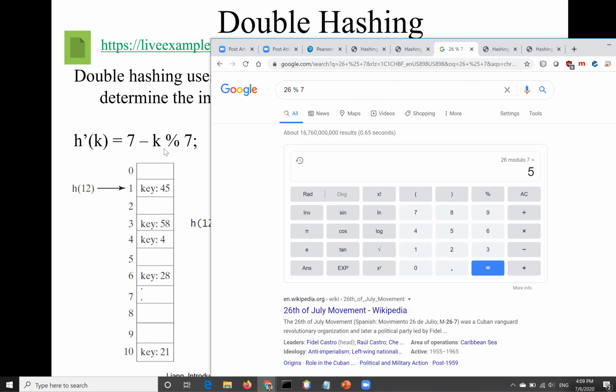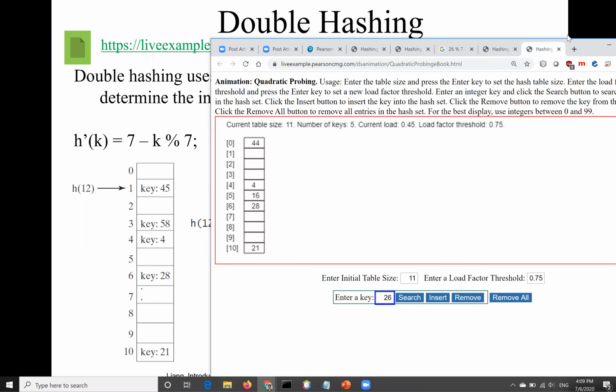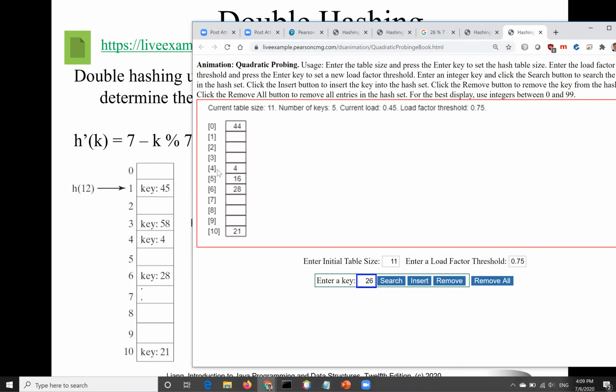So that is 2. So we go back here now. The next one you're going to look at is 6. It's occupied. And then you're going to use 2 times h prime of 26, which is 2. So that is 4. 4 plus 4 is 8. So it's going to be put right here in 8.